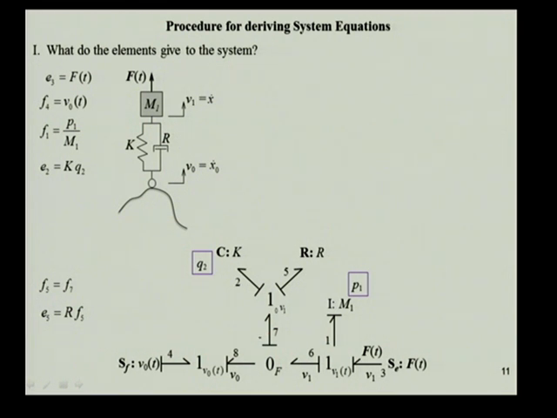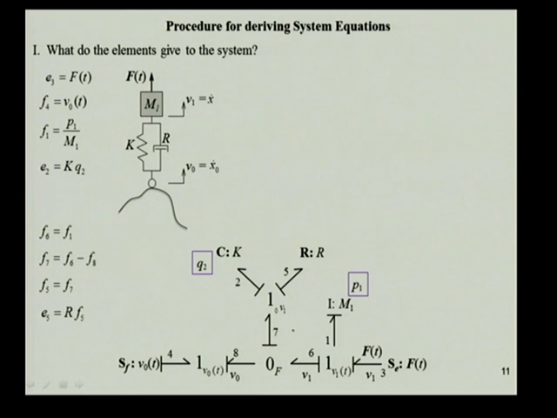Okay. So flow 5 is equal to flow 7, and who is bringing in this information of flow 7 into this zero junction? Flow 7 is flow 6 minus flow 8. Okay. So flow 7 is equal to flow 6 minus flow 8. Now what about flow 6 and what about flow 8? What is flow 6? Flow 6 is coming from flow 1. Information is coming from flow 1.